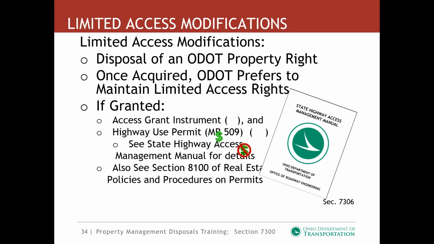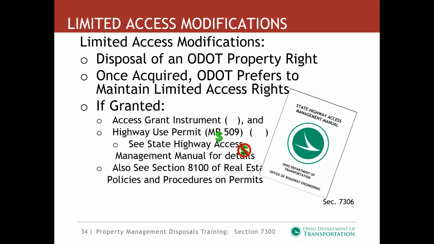However, in limited circumstances, ODOT will allow a limited access modification. Every limited access modification includes conveyance of necessary access rights and issuance of a highway use permit, MR 509. The instrument conveying the access control is recorded at the county recorder's office as evidence of the property right transfer.